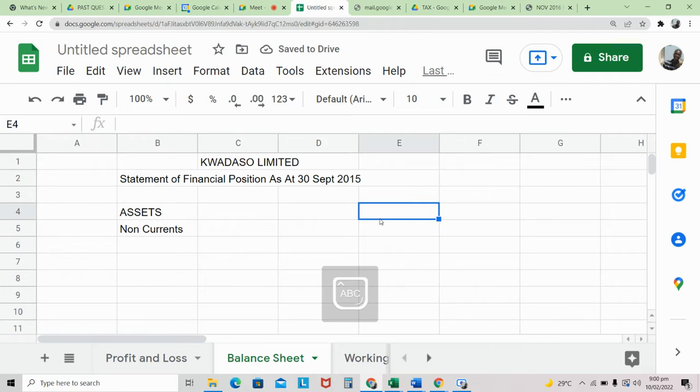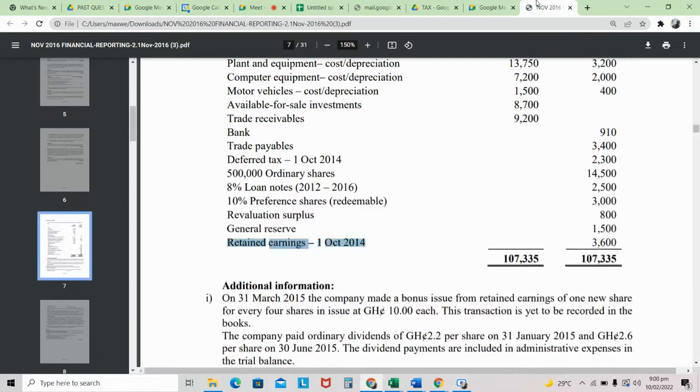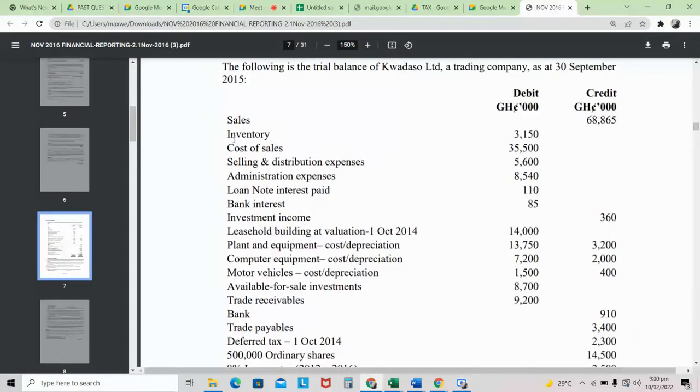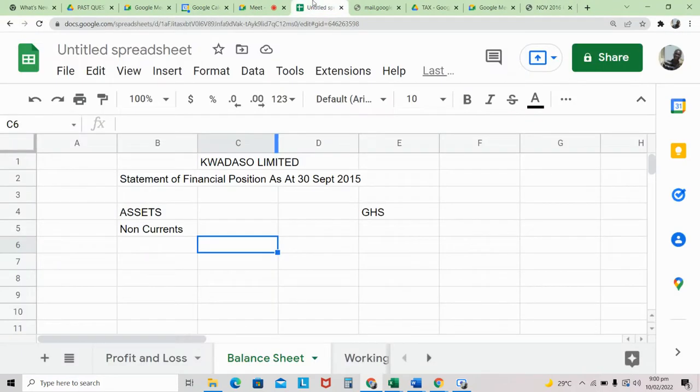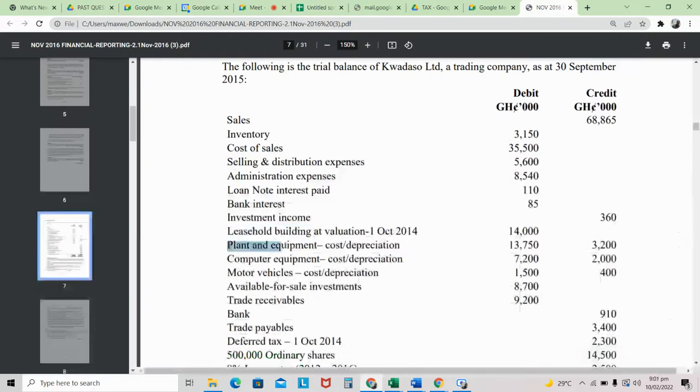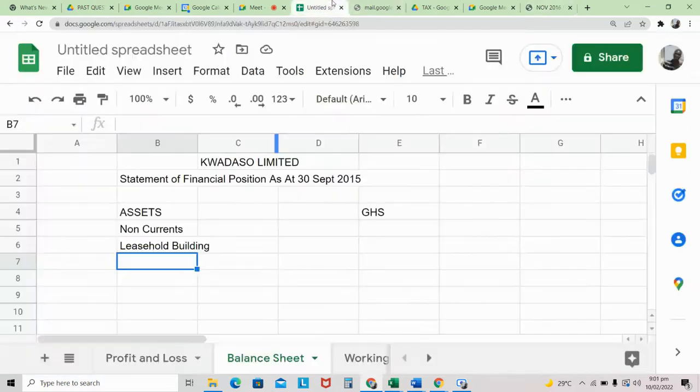Okay, so we go to our trial balance. What are the non-current assets? We have leasehold building. This is a non-current asset. What else? Plant and equipment. Then what else?